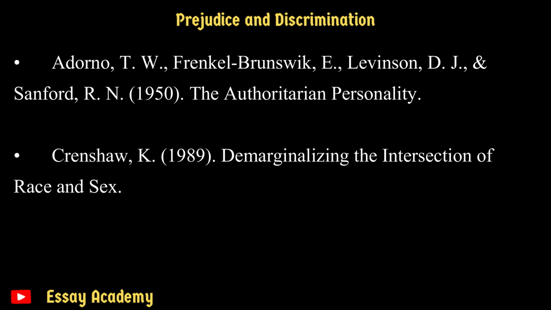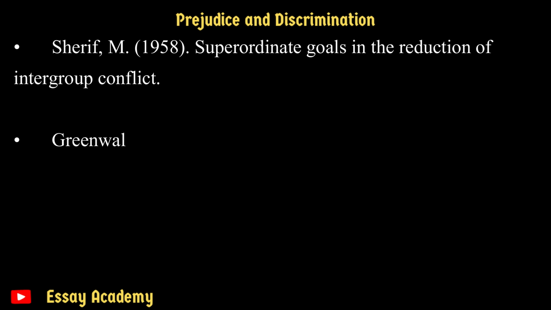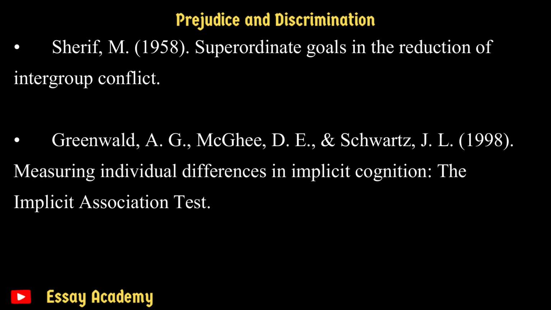The Authoritarian Personality. Crenshaw, K., 1989. Demarginalizing the Intersection of Race and Sex. Sherif, M., 1958. Superordinate Goals in the Reduction of Intergroup Conflict. Greenwald, A.G., McGhee, D.E., Schwartz, J.L., 1998. Measuring Individual Differences in Implicit Cognition: The Implicit Association Test.